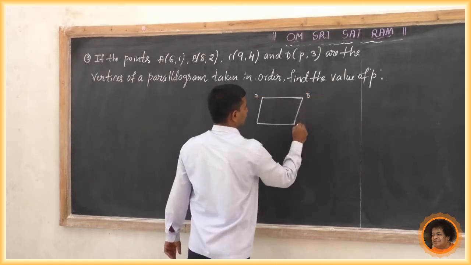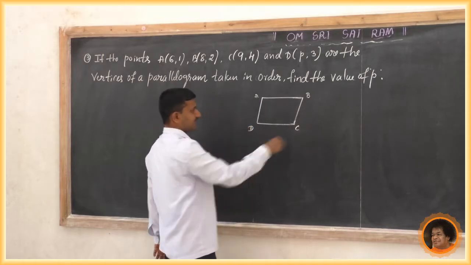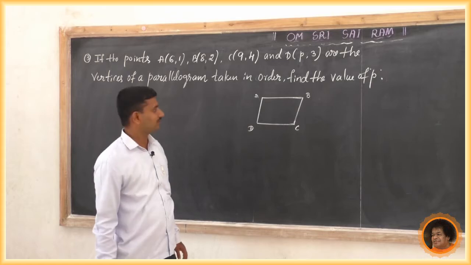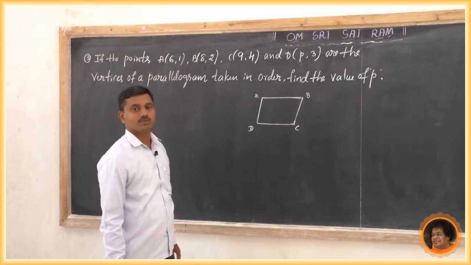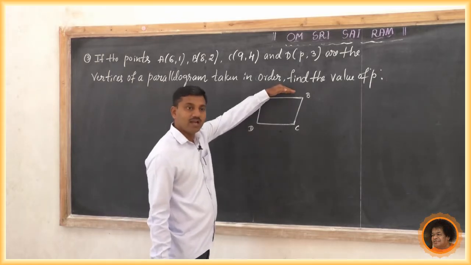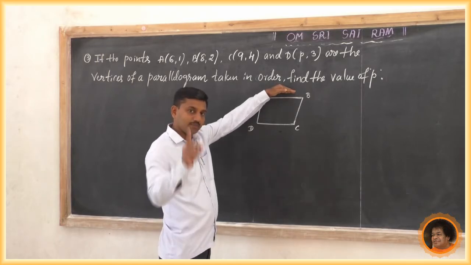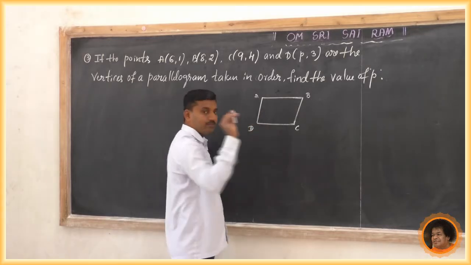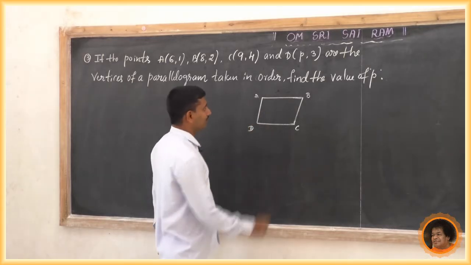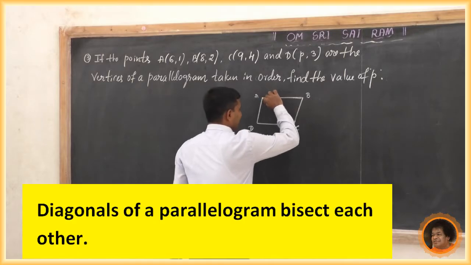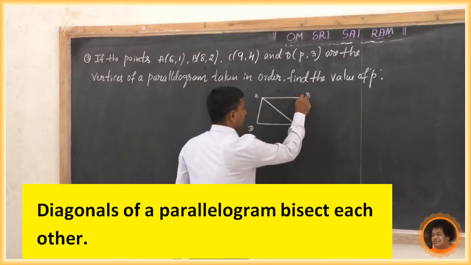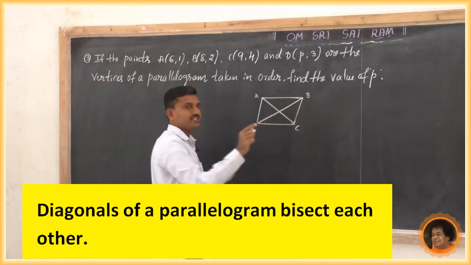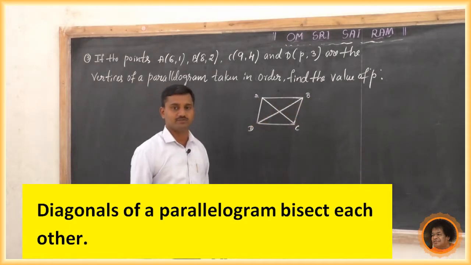ABCD is a parallelogram. What are the properties of the parallelogram? Opposite sides are equal and parallel. And one more important property: in the diagonals AC and BD, these diagonals bisect each other.